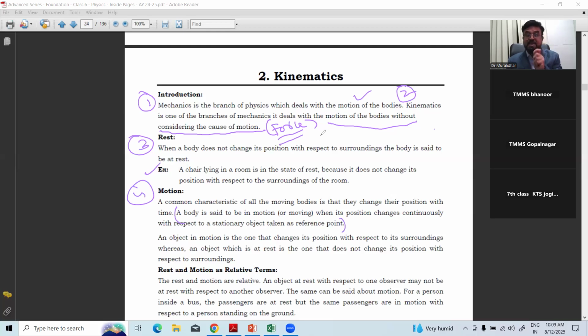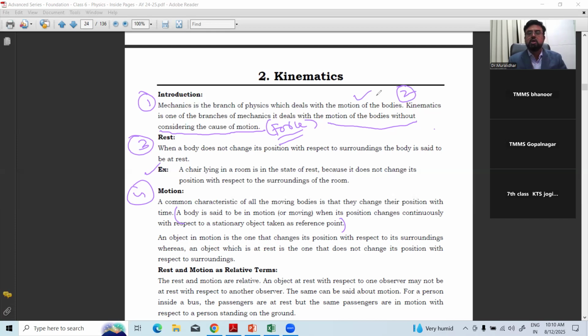If a body changes its position with respect to time, any body is said to be in motion. So there should be a change in the position of a body along with the time or surrounding, then the body is said to be in motion. And the study of this particular motion is called kinematics. Study of motion of a body.